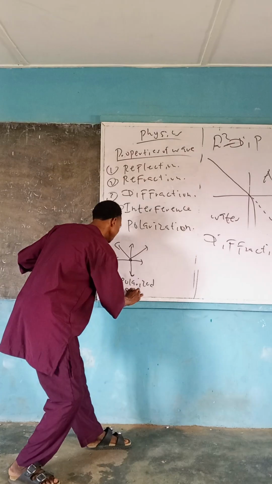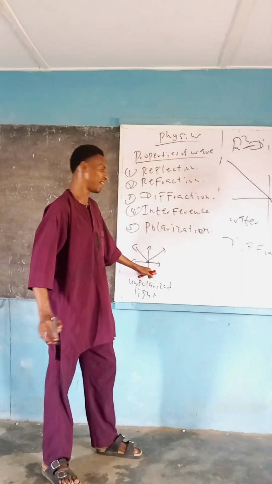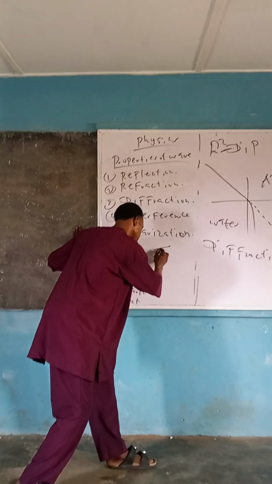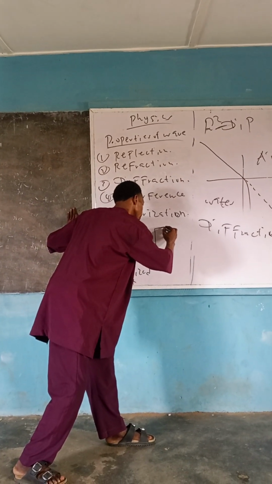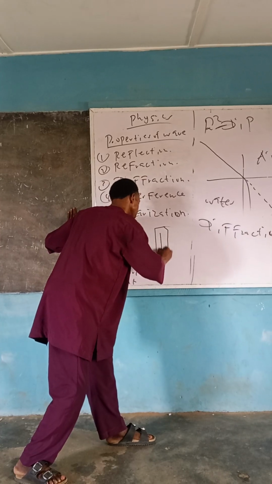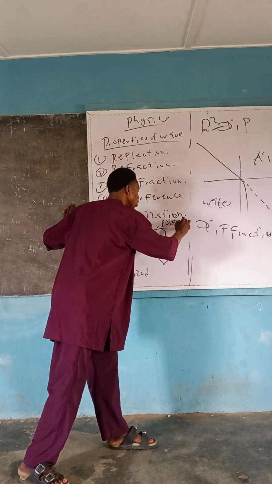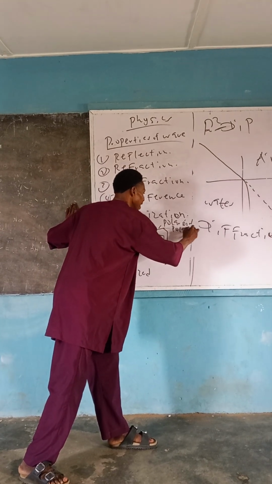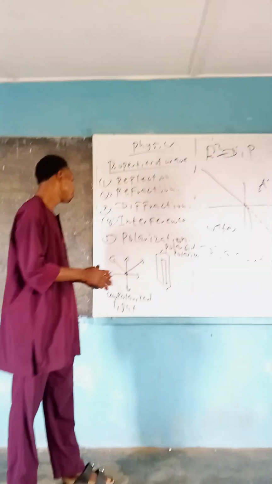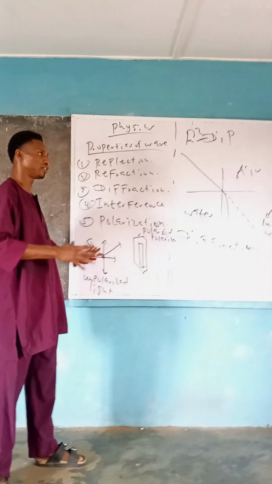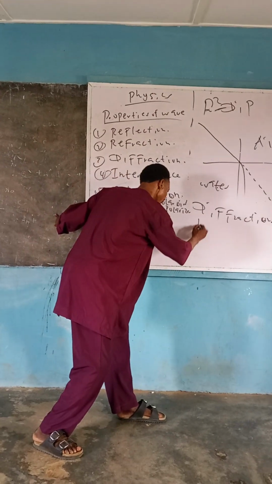If you want this light to move in one direction, we use a device known as a polaroid or polarizer. What is the function of this polaroid or polarizer? It will make this light vibrate in only one direction.